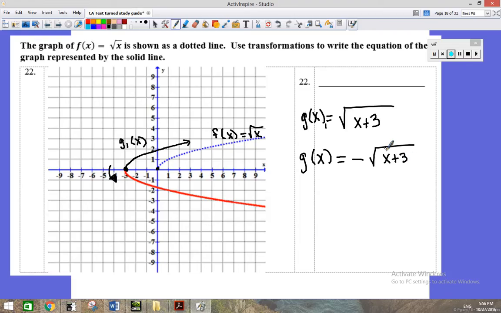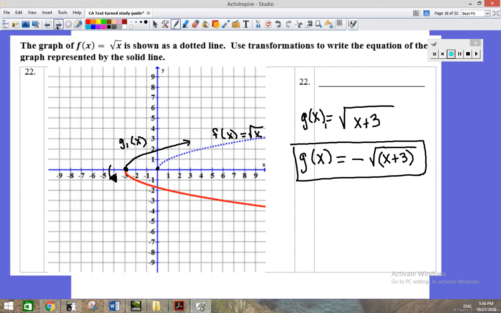And you need to have this, I've seen people that have it written like this, where it looks like you're taking the square root of x and then adding 3. Make sure that this is extended. Maybe even put parentheses around that to let people know that you're not just taking the square root of x, you're taking the square root of the sum. All right, so that's our final answer for 22.